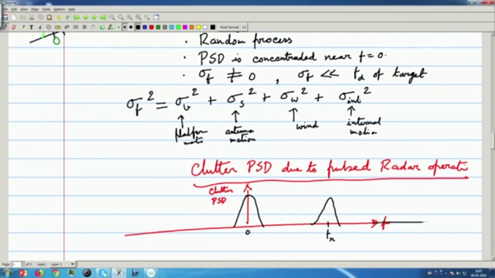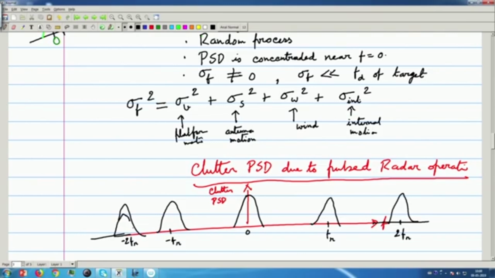So, I can say again at 2 FR it will have these, minus FR, minus 2 FR like that. So, we can say that in pulse radar the clutter PSD is concentrated around DC and also multiple integers of PRF.